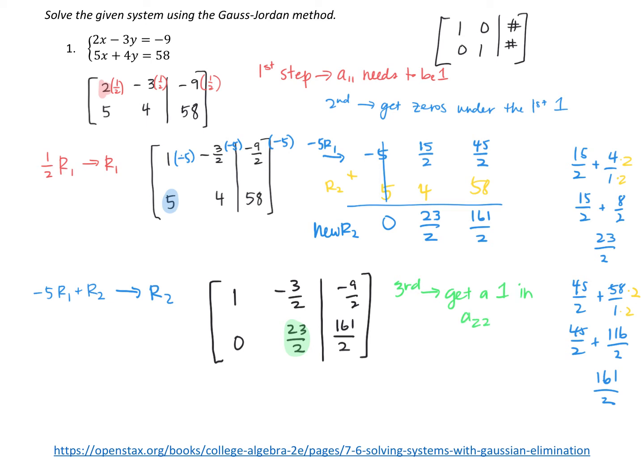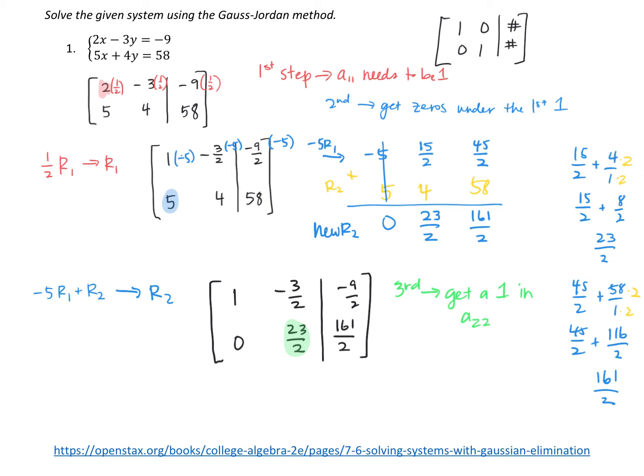You're always going to do that by dividing by the number that's there. So you would just divide by 23 over 2. Or if it's a fraction, it's really easier to think about it as multiplying by the reciprocal. Remember that you can multiply an entire row by something, but not just one element.